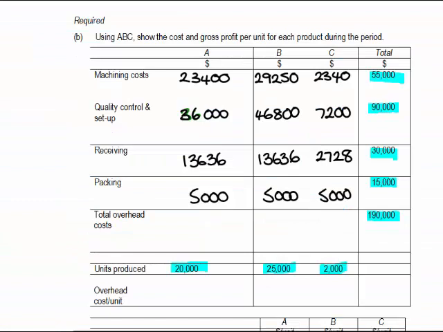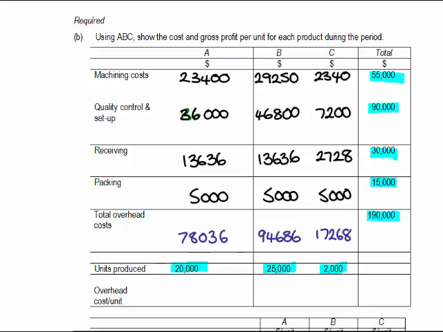So that's all of our costs done. What we need to do now is add them up. So we end up with totals of 78,036, 94,686, and 17,268.